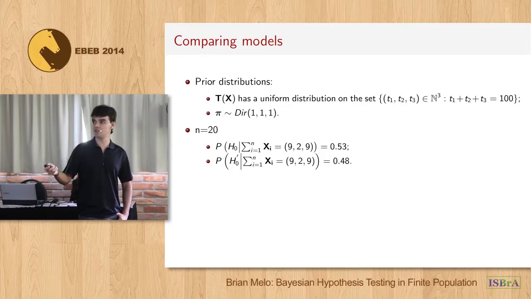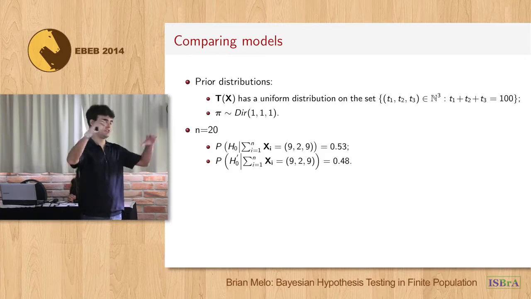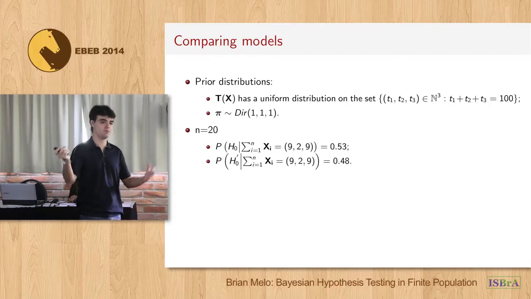So T has a uniform distribution on the set, and π will have a Dirichlet(1,1,1) as a prior. We can plot the surface to see the behavior of the probabilities, but they are not very informative, and we cannot compare them very well. So I just selected some values.